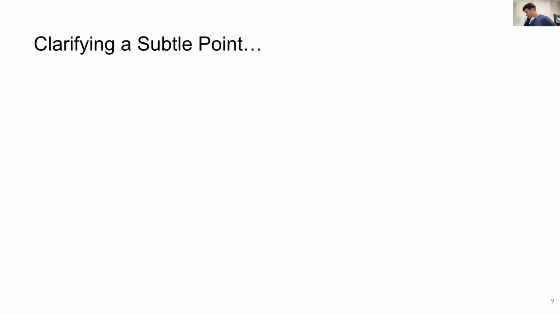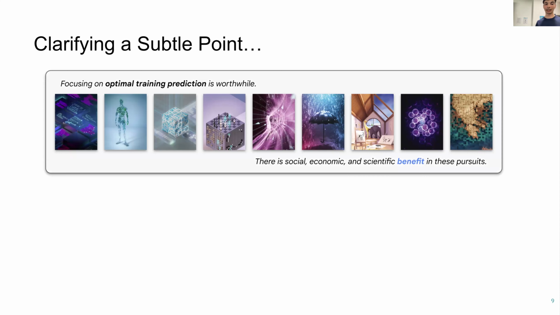Okay, so before I upset too many of you, I want to clarify a subtle point, which is that, of course, focusing on optimal training prediction is definitely worthwhile. Right? We see enormous gains in social, economic, and scientific disciplines by methods that really come from these data-driven paradigms. And so it's definitely worthwhile doing research and thinking in these terms for a lot of applications.